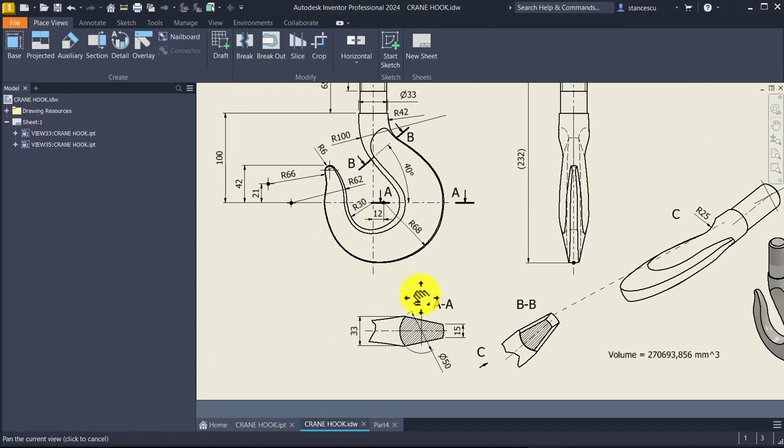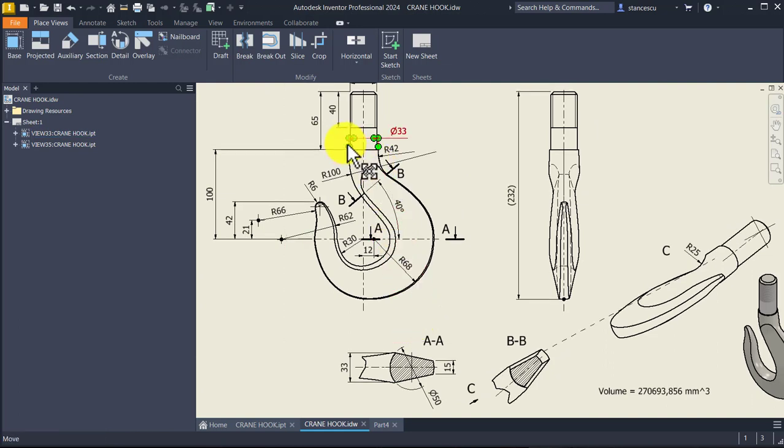We know that this ends with a circle, but until this angle of 40 degrees, we have to use this section with its dimensions. 50, where? 50 is here, between this point and this point, because this is the section AA.